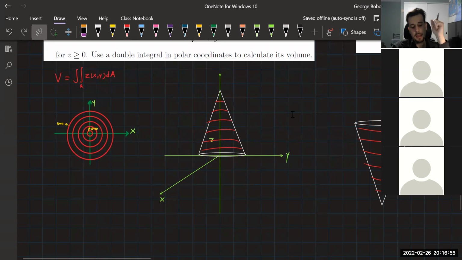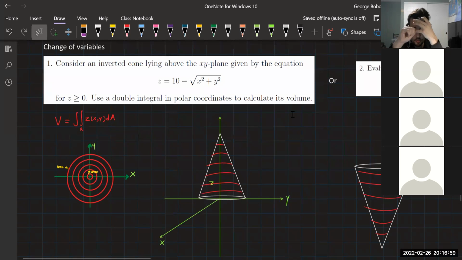And there we go. So what is the highest value that I reach here for my Z? We need to ask ourselves, and what's the lowest value? I'm just taking a look. As X and Y are growing, Z is becoming smaller. So this is again an inverted cone. I've drawn it correctly.